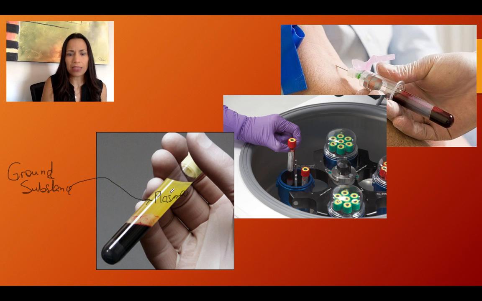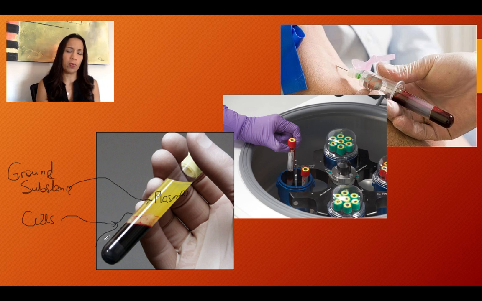This is your plasma, and it has cells, or at least parts of some cells, which is this solid part. So when you centrifuge that sample of whole blood, whatever is heavier goes and settles on the bottom of the tube, the cells, and whatever is lighter, the liquid, the plasma, floats on top of the cells.